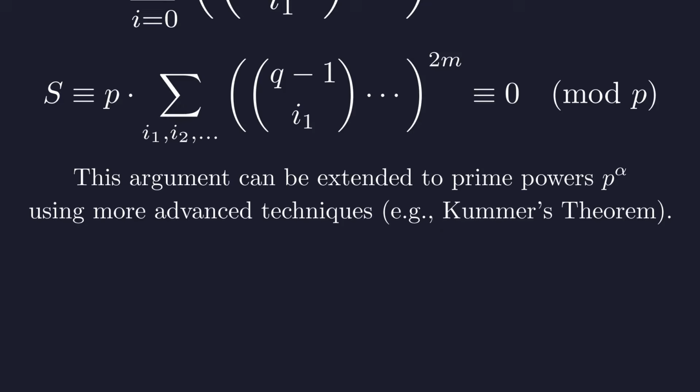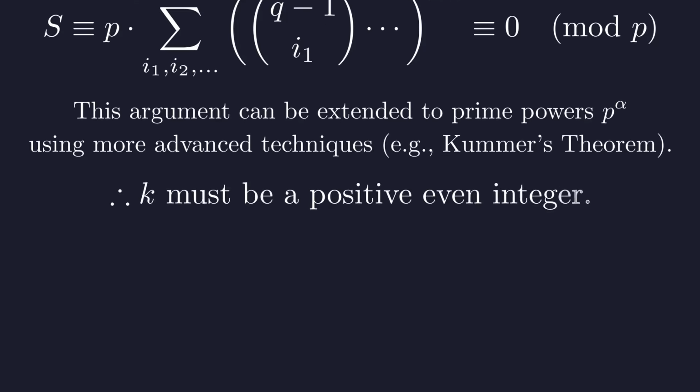While the full proof is more technical, this logic can be extended to show divisibility by any prime power p to the alpha dividing n plus 1. This confirms that n plus 1 divides S. We have shown that k must be even, and that if k is even, the condition holds. Therefore, the set of solutions is all positive even integers.